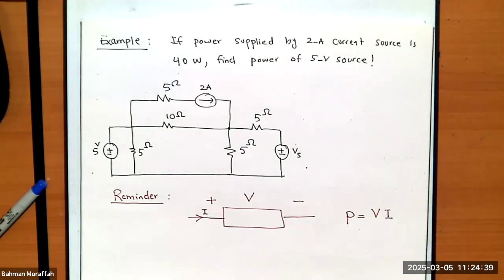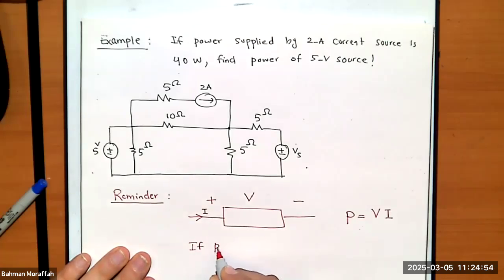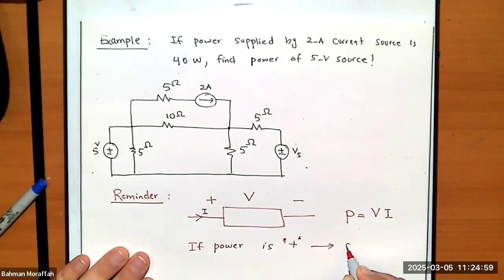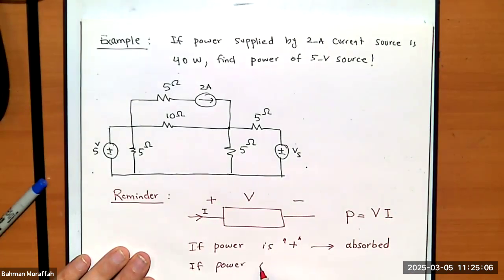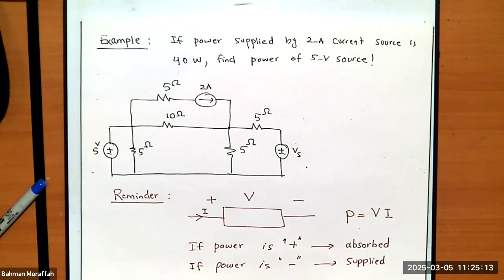So if current hits the negative sign, power is negative, which means the power is being supplied, right? So if power is positive, the power is being absorbed. If power is negative, power is being supplied. Right?